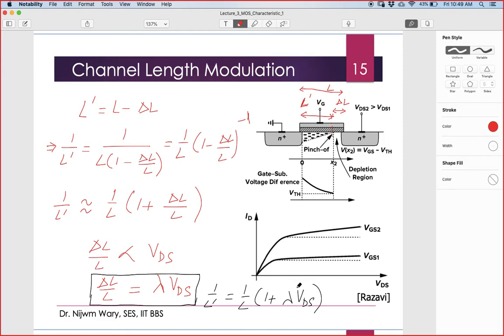Here we are disconnecting the channel from drain to source, and current is flowing. Then again we are increasing VDS, this channel will be depleted. If somehow we can deplete the whole channel, is there still a current? I didn't follow, can you repeat the last sentence?